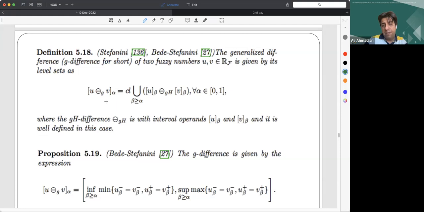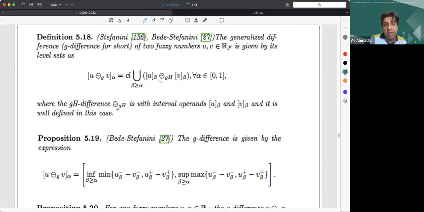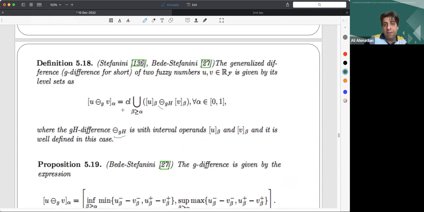The generalized difference is the support of the union of the alpha cuts of two fuzzy numbers, but again, in practice, this is the general one. The notation is different: what we had is the generalized Hukuhara difference, but this is the notation for generalized difference, okay?